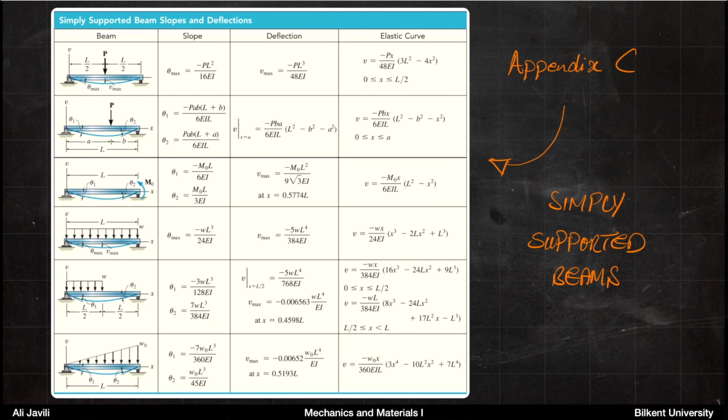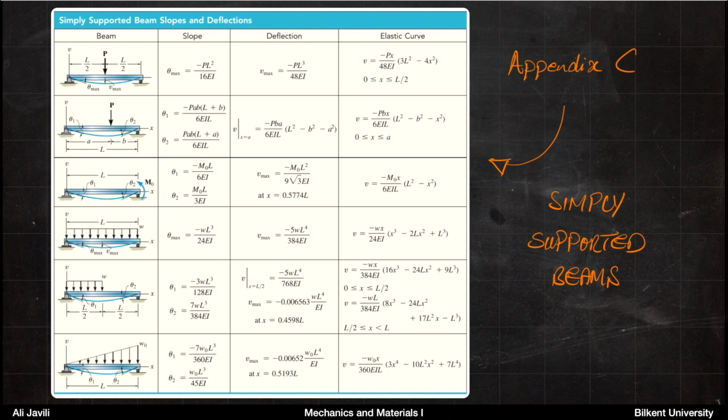Appendix C has two tables. In the first table, you find the solutions for simply supported beams. For instance, if you have a simply supported beam like this with the force exactly in the center, you can imagine that the maximum angle would be at the ends and the maximum deflection would be exactly in the center.